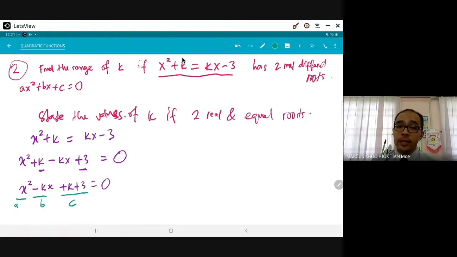Okay, this is a very important skill. You already learned this during normal maths, so I hope you don't forget this.